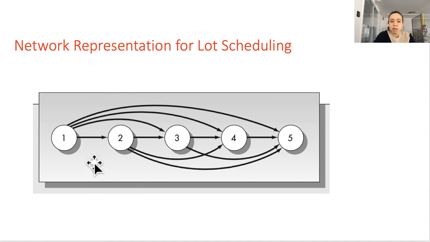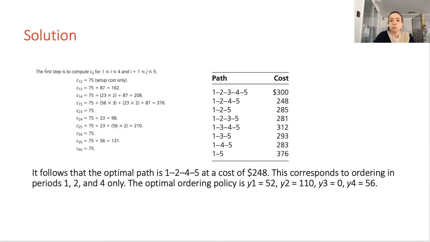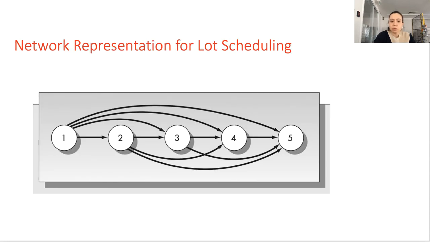So we have to calculate the cost of these arcs. Firstly, what we have to do is to calculate the cost of these arcs. We calculate the cost, then our aim is to find the shortest path from 1 to 5.